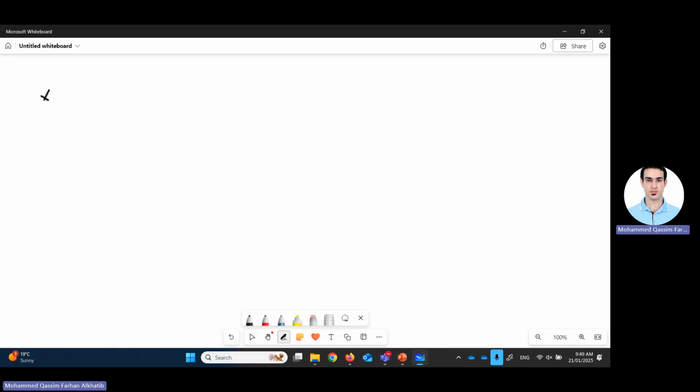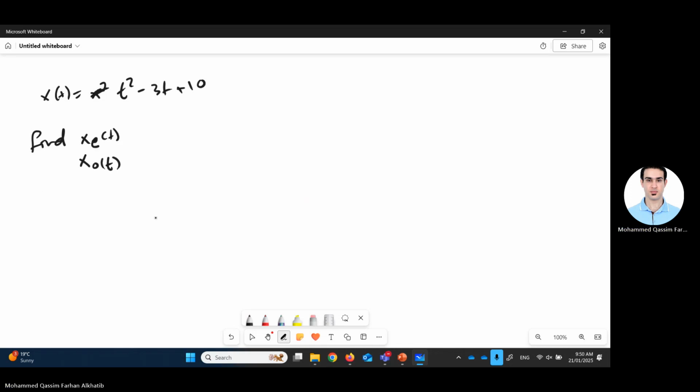Okay, assume that you are given this function x of t equals t squared minus 3t plus 10, and find x even of t and x odd of t. All right, so x even of t, the formula will be given, but I know it's x of t plus x of negative t over 2.